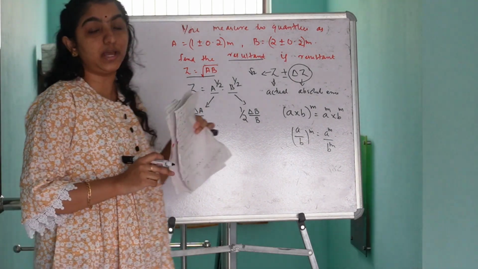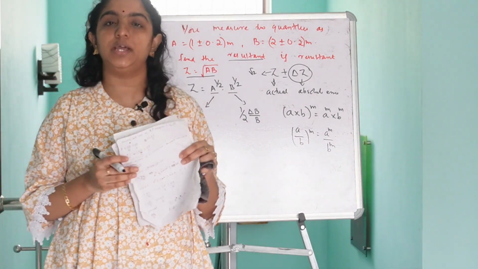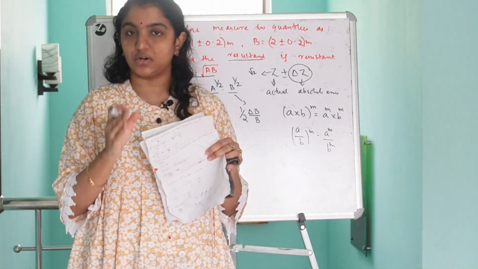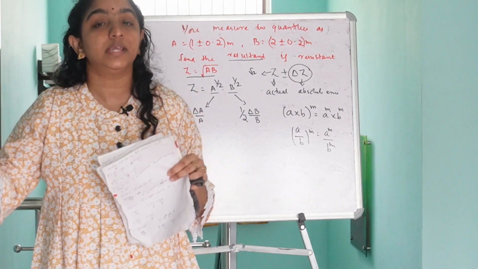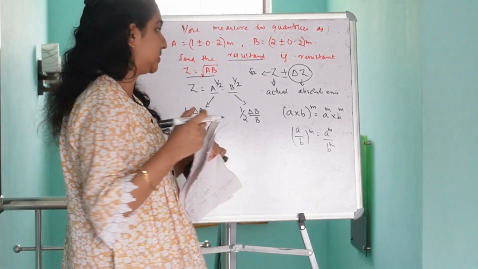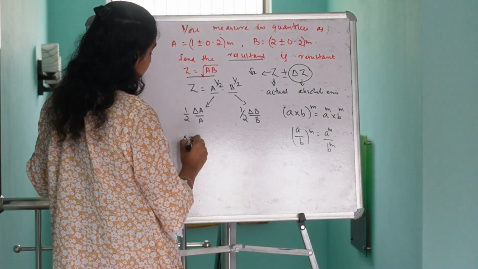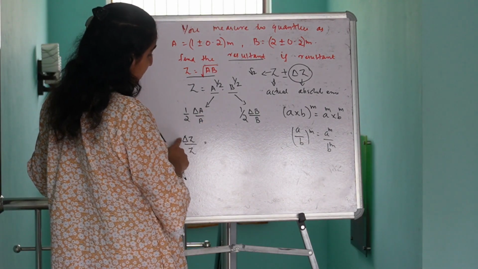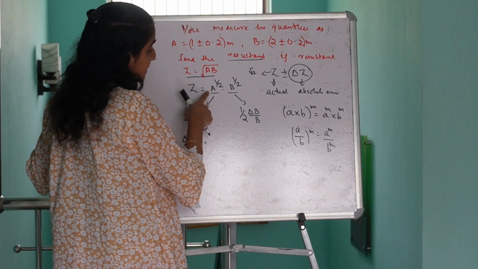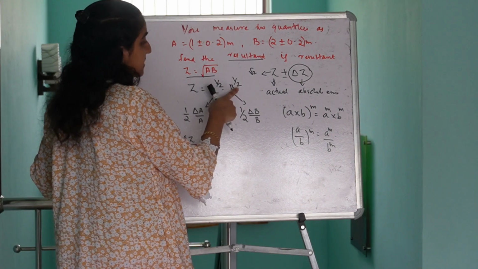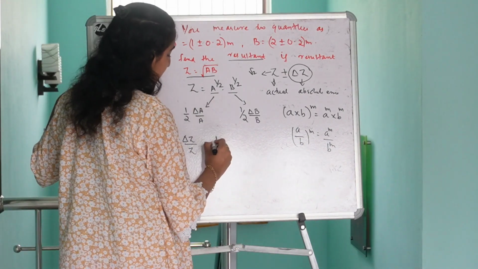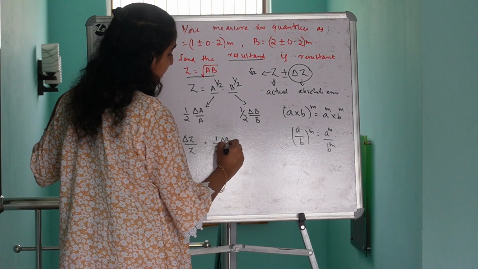When we are multiplying two physical quantities, the relative error of the resultant is equal to the sum of the relative errors of individual measurements. So we can say del Z divided by Z is equal to relative error in the physical quantity A plus relative error in the physical quantity B, isn't it? Yes. So what is the relative error in physical quantity A? Half into del A by A.